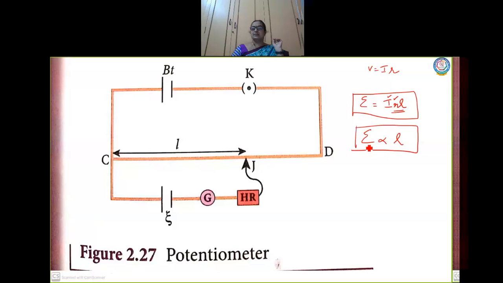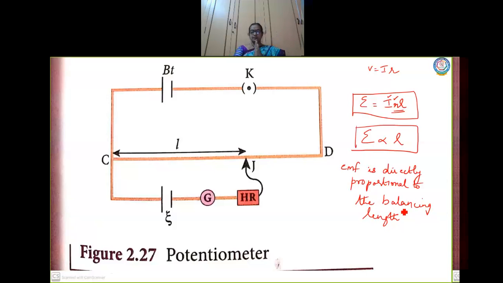EMF is directly proportional to the balancing length. Okay, so this is about the first part of the potentiometer.